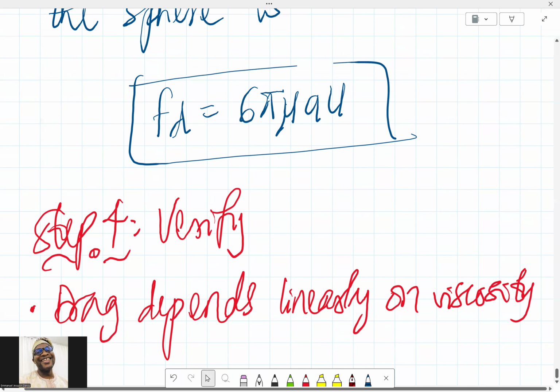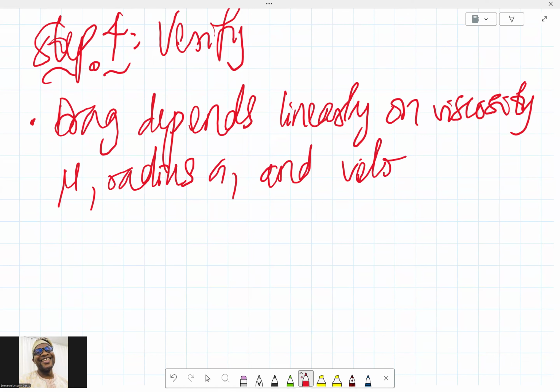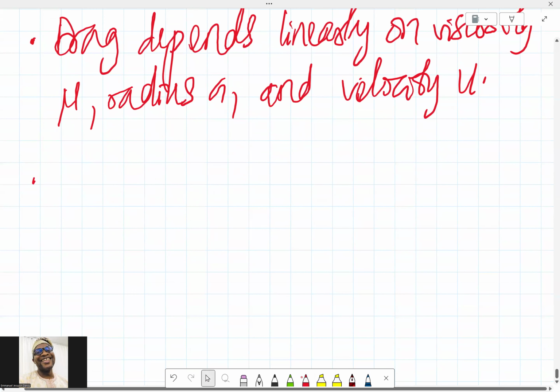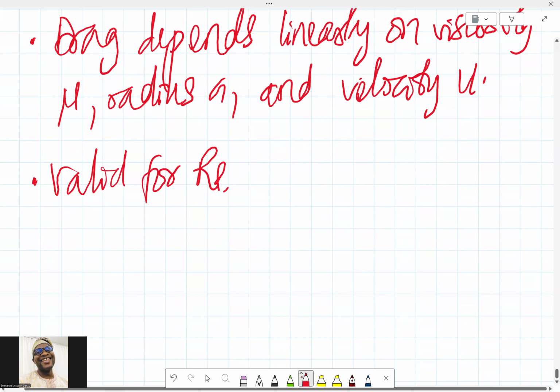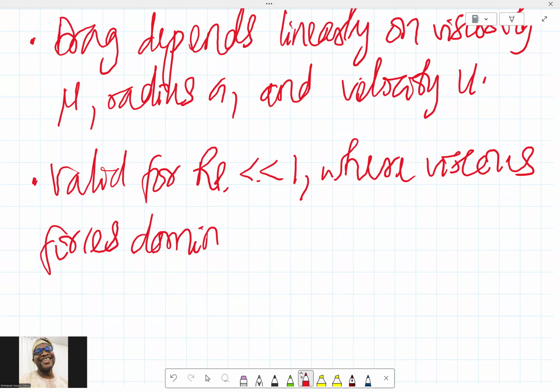As you can see, there's a linear relationship between drag and viscosity mu. Then same with the radius a, and velocity U. It is also valid for Reynolds number far less than 1, very small Reynolds number, where viscous forces dominate.